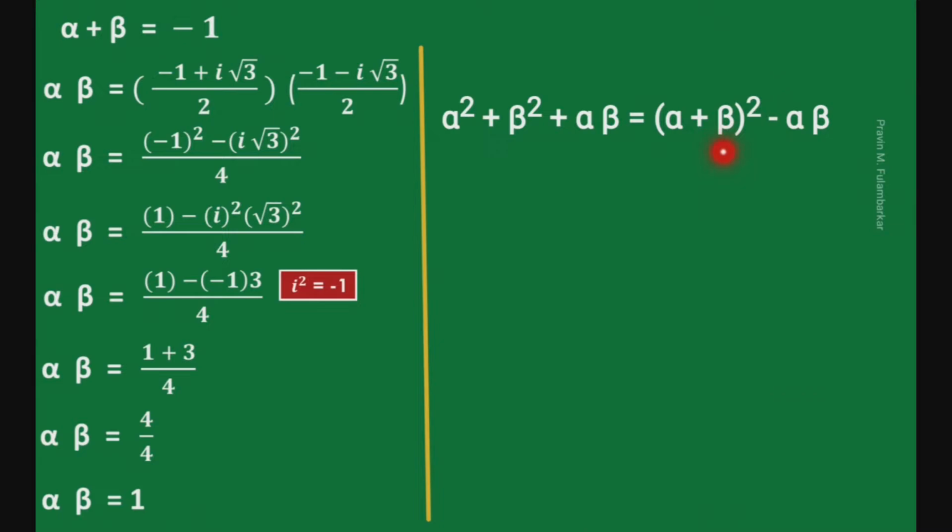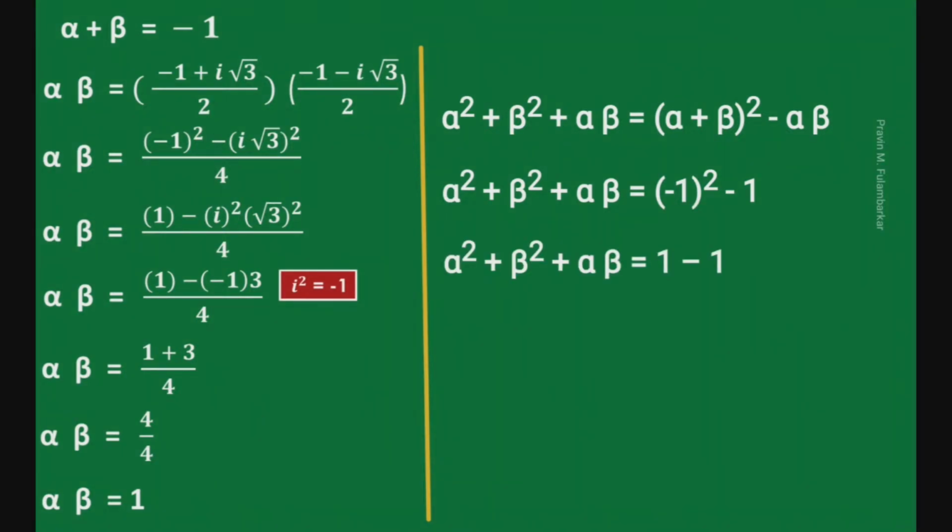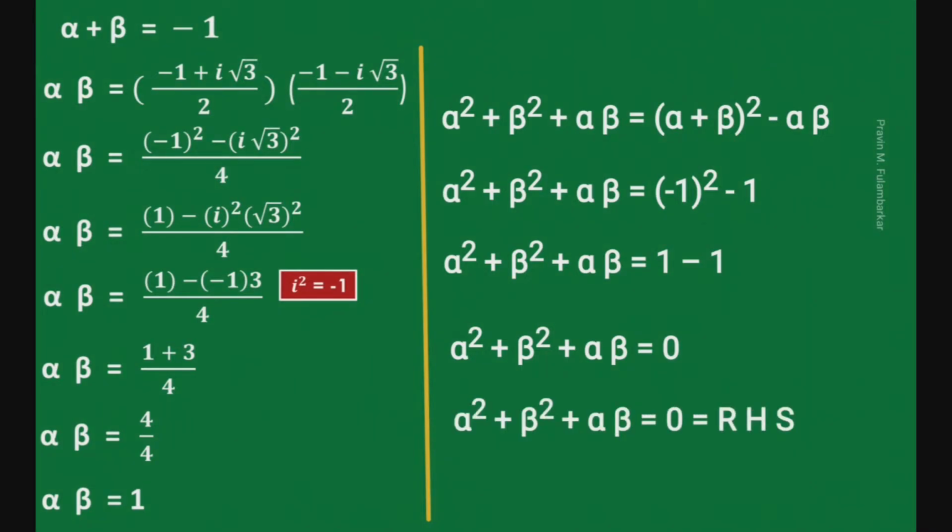So we substitute both the values. Now we know that minus square is always plus. So minus 1 square is 1, 1 square is 1. So we get in RHS 1 minus 1, and 1 minus 1 is 0. So this value we get 0, which is equal to the RHS. In this way we show alpha square plus beta square plus alpha into beta equals to 0.